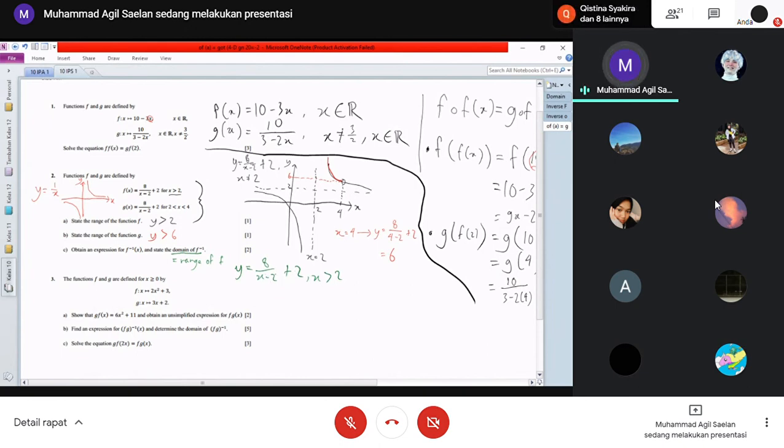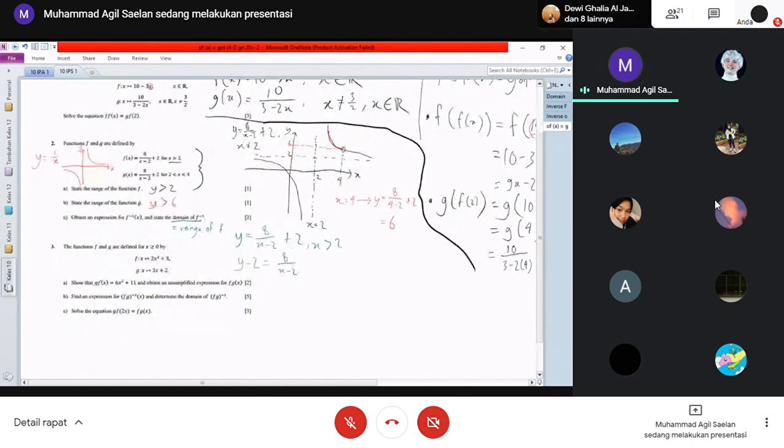So yeah, first we can subtract 2. Oke, nah di sini mungkin yang agak membingungkan adalah kita tukar ya di sini. So we can flip the fraction.